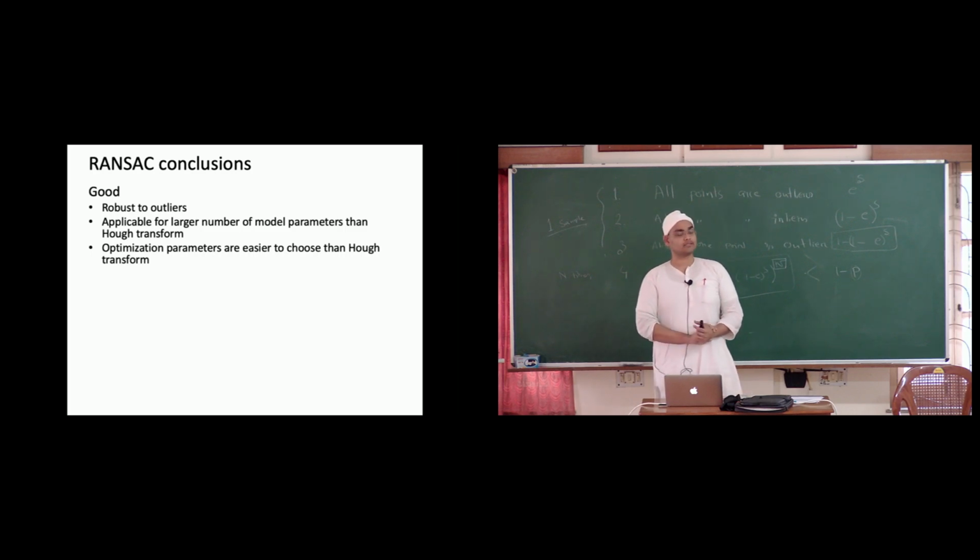Hough transform, what is the worst thing that could happen to Hough transform? The number of parameters, if that got increased. Remember, for 2 I just have a grid, for 3 I need to have a 3-dimensional grid. The voting becomes even worse than this. Here also the S is not that bad, not that good, but still better than Hough transform. Hough transform is terrible.